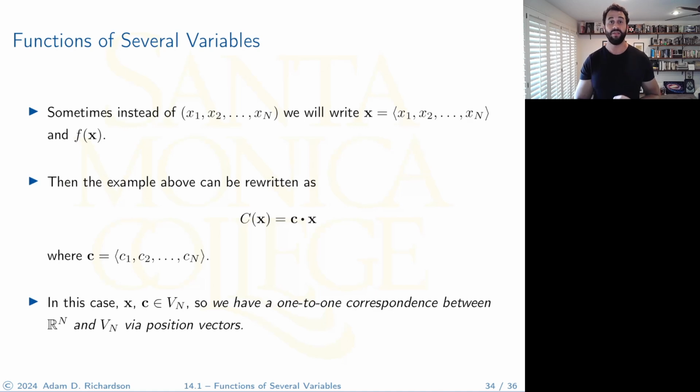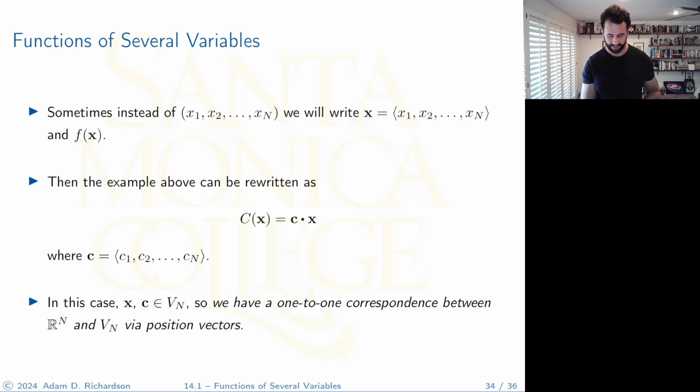That's the idea. Then we can rewrite the previous example like so. Our total cost function is literally just the dot product between the cost vector and the amount vector. And that's it. It's a conciseness that we're looking for, right? That's what this gives us.